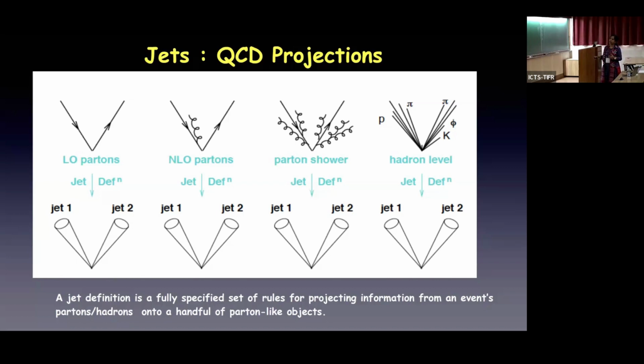Now, all of these should give you two jets because originally you have these two partons.